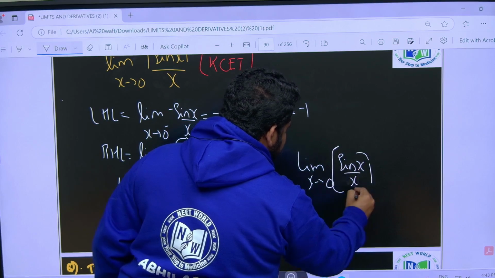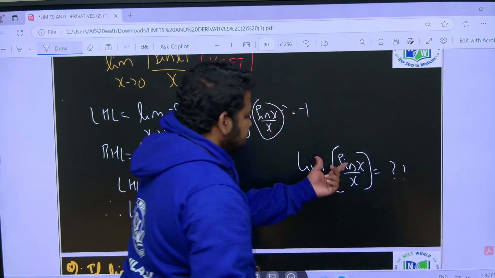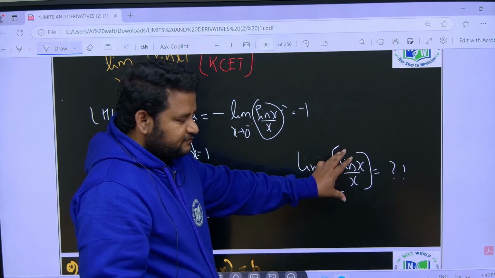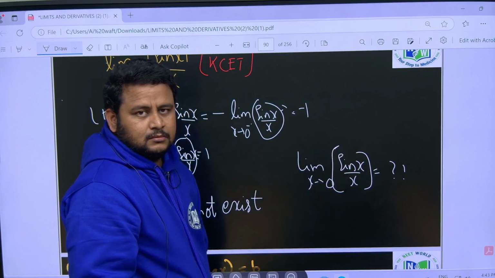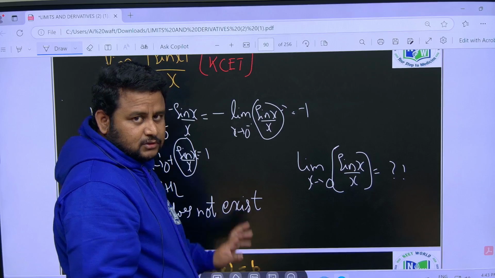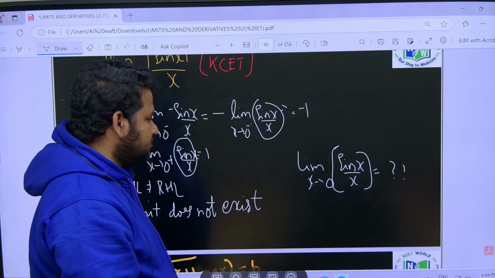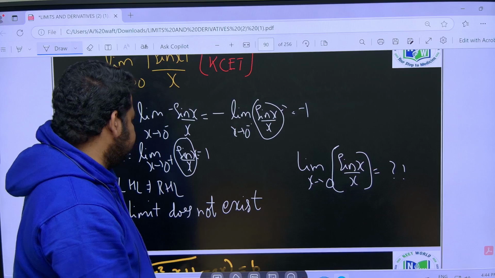It is not sin x divided by x, it is the greatest integer function, applied to both sin x and cos x. I have told you while telling the concept, but still think about it. Still try to solve this. It's a very simple question. You may think the answer is 1, but let us see.